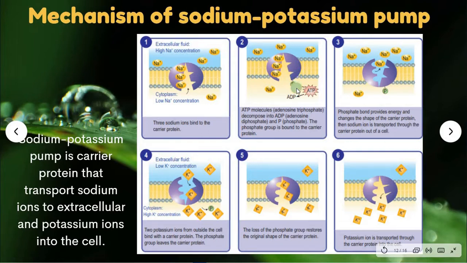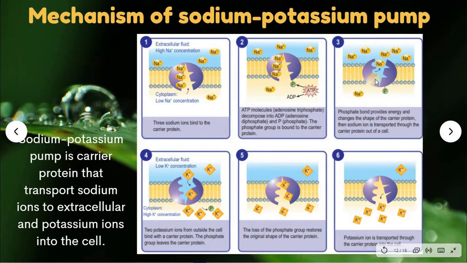Then the sodium ions are transported through the carrier protein out of the cell, as we can see here.